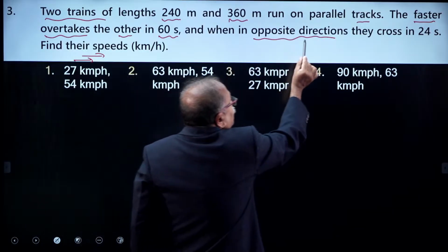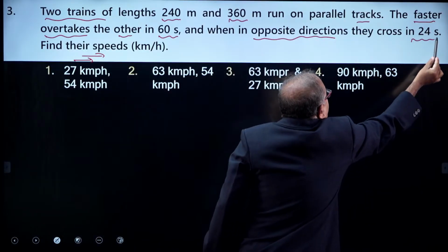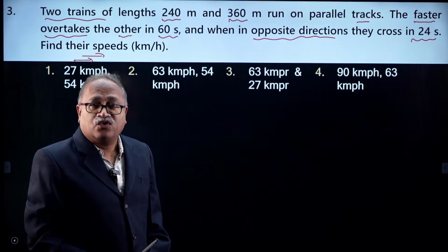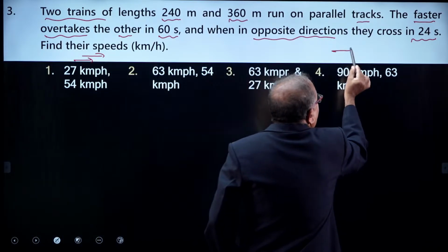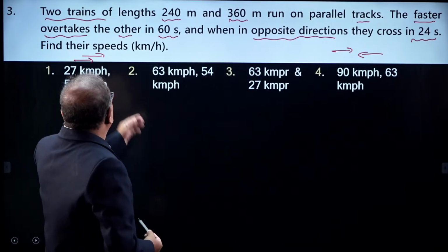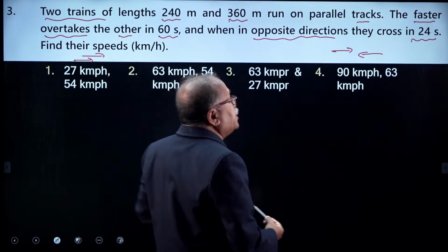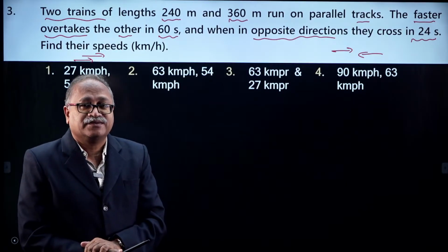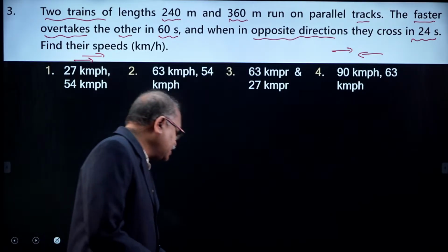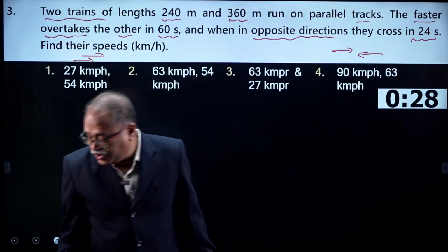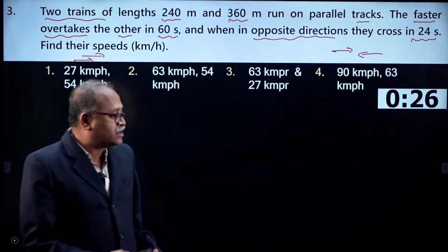But when they are in opposite direction, they cross each other in 24 seconds. Hope you are understanding. So what is the question? Find their speeds, both the trains' speed. Right, my friends? Let's take 30 seconds, and I am sure Prabhu will answer this question.